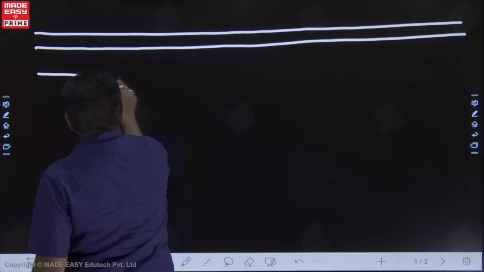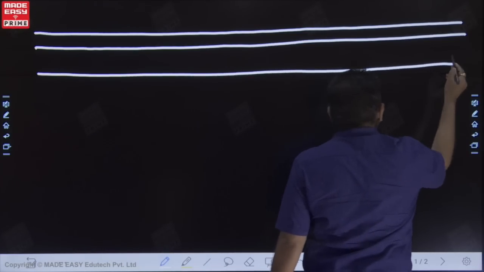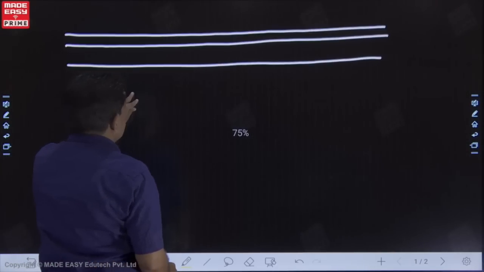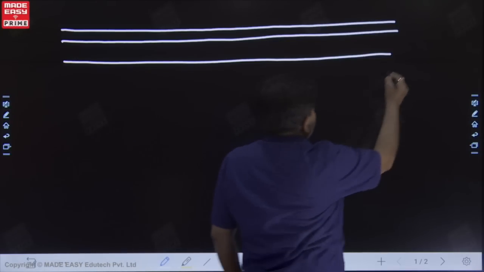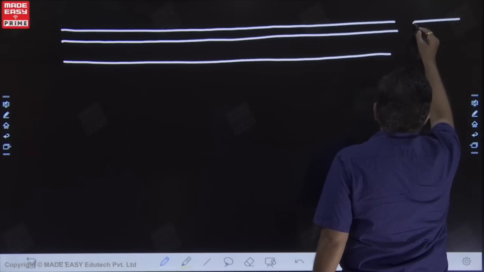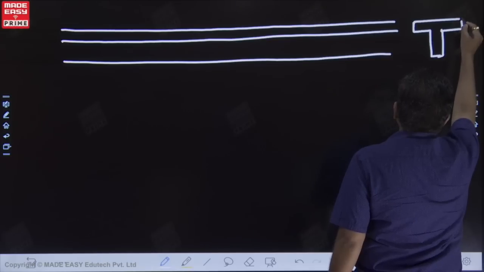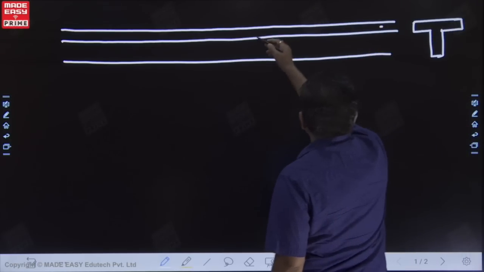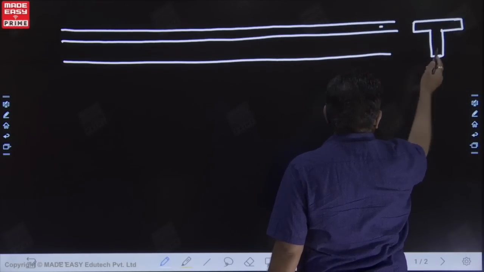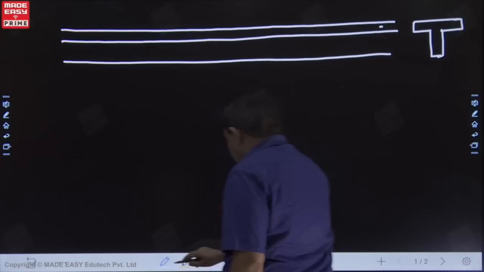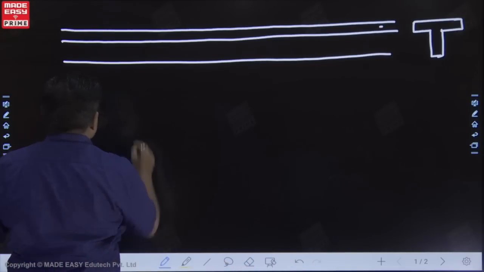This is web portion of the T-beam. From this side, if we look, the cross section will be like this. This is the cross section of the beam. The flange is at top, and the web portion is at bottom.